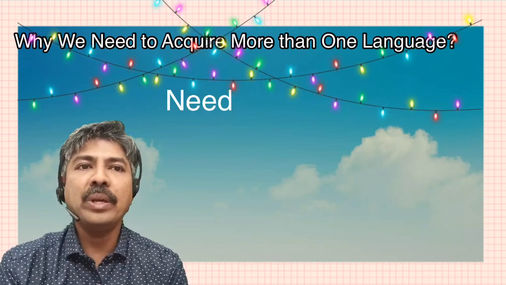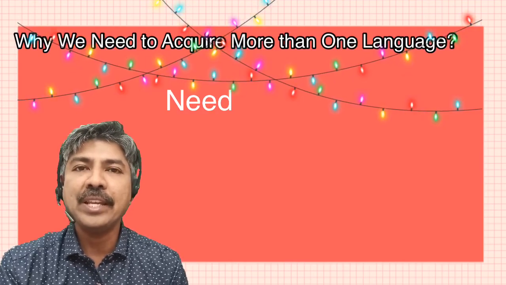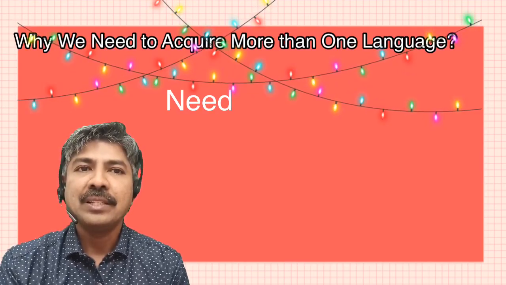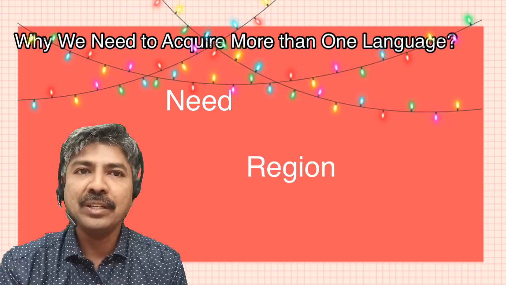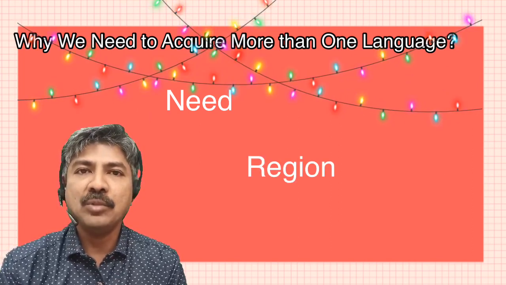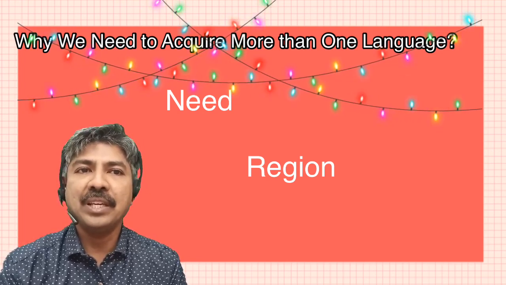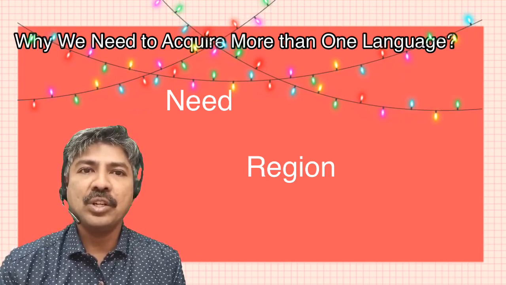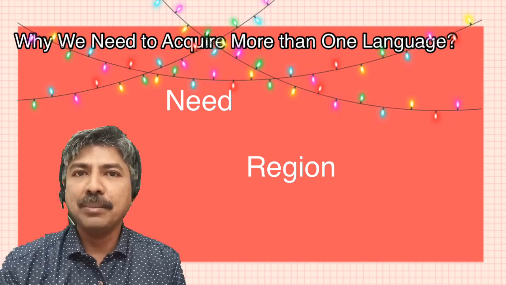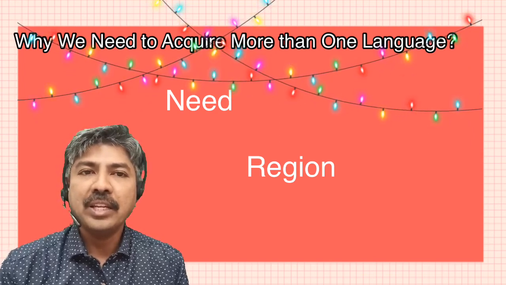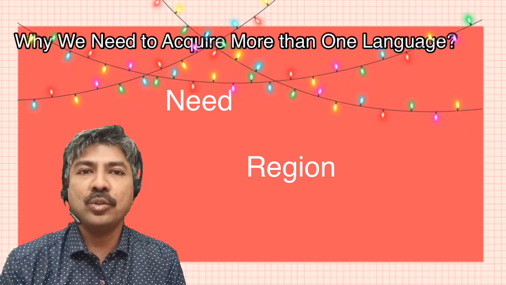I need to know English because of its usability and universal reach. The second one is region. Geographical locations at times influence our choice of language. I am surrounded by people speaking Hindi, and when I send my children to school, Hindi is taught as a main language, right? And it is commonly spoken in society, so I should know that.